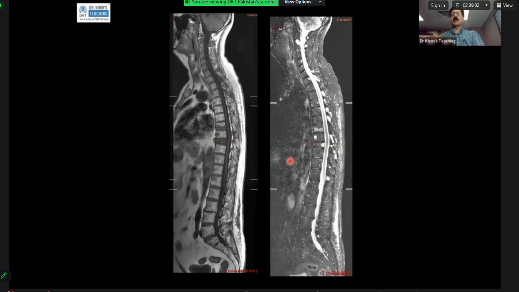So the key take home point is for marrow, T1 and stir are the best sequences.